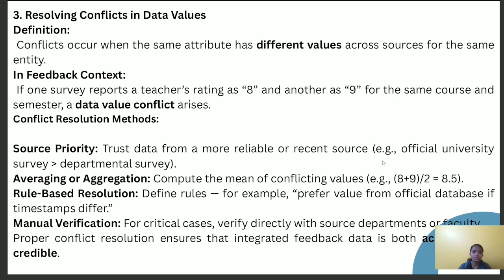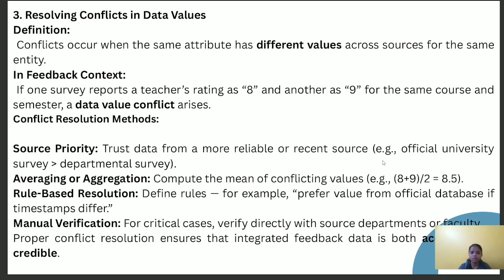Now, the third, resolving conflicts in data values. The definition: conflicts occur when the same attribute has different values across sources for the same entity. In the feedback context, if one survey reports a teacher rating as 8 and another as 9 for the same course and same semester, a data value conflict arises. Conflict resolution methods.